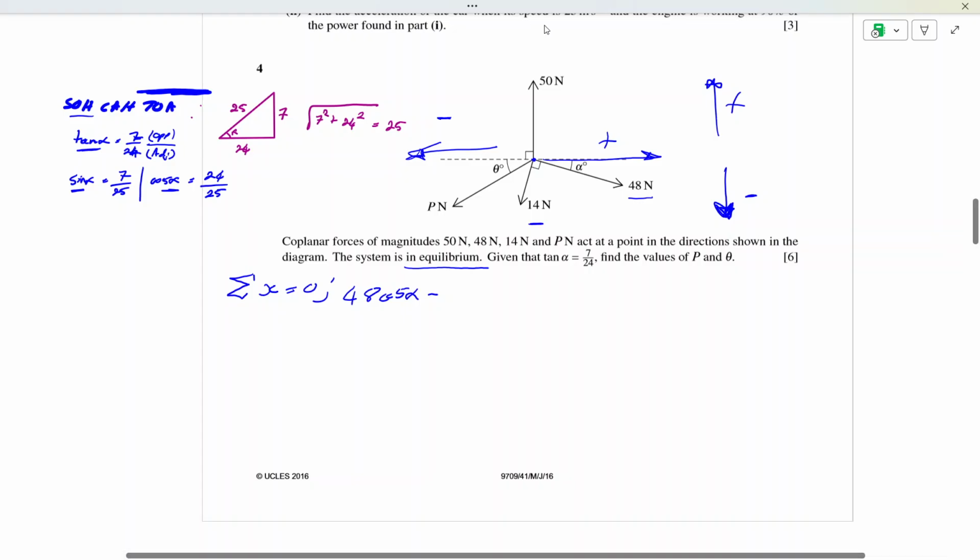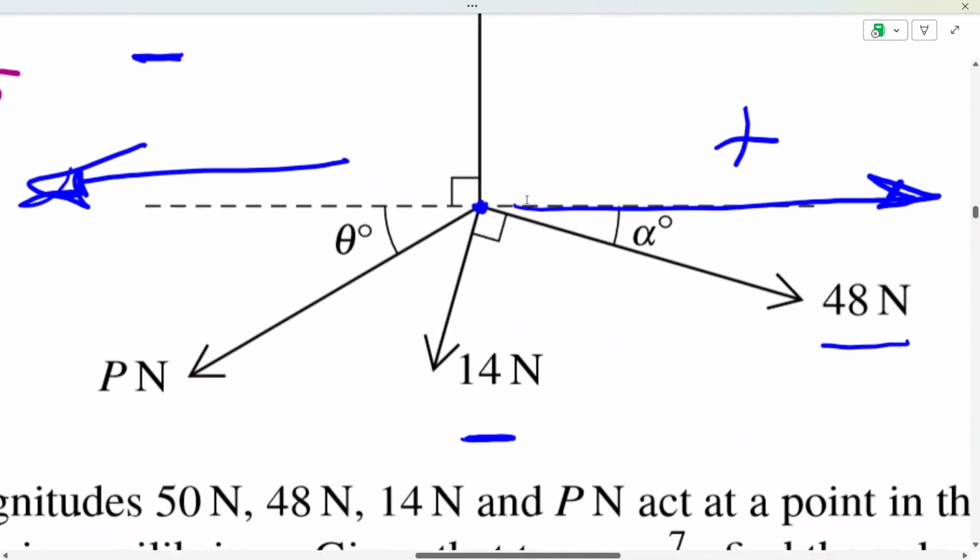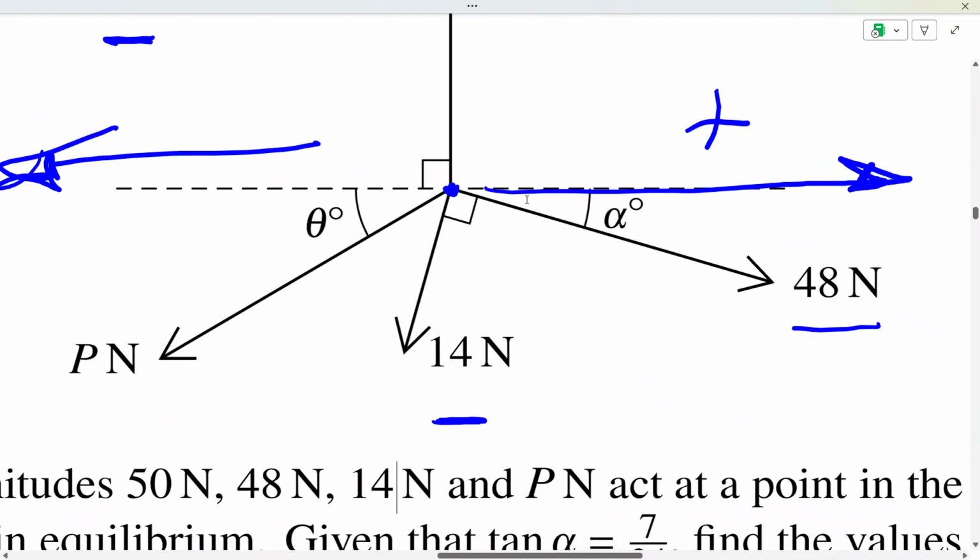All right, how do I determine the angle for the 40 Newton force? Let me zoom in and show you. If I zoom in right here and draw this line, this paper line here, we have this angle here is alpha, right? And since it's a straight line, we know that this angle there is now 90, right?